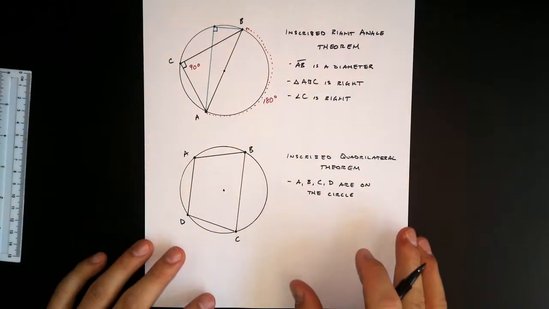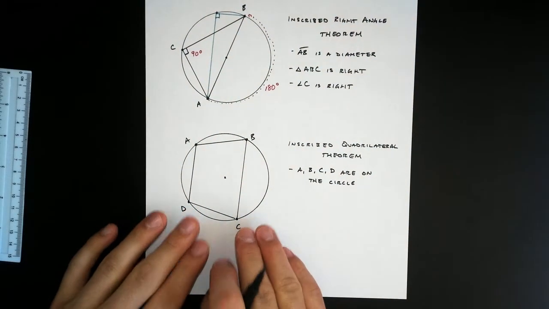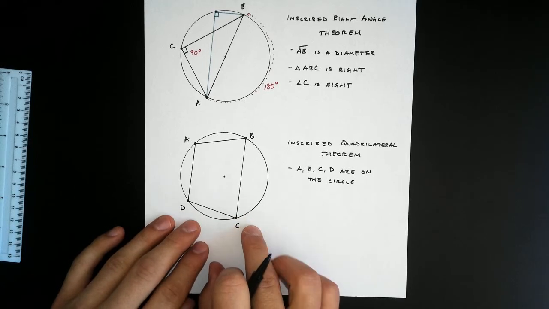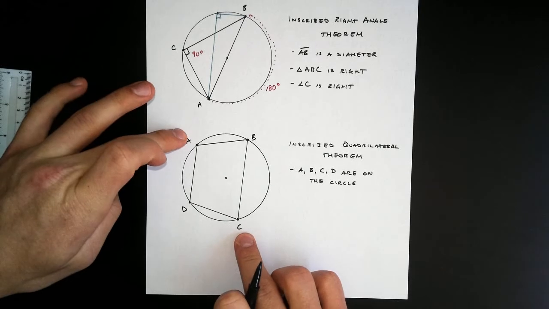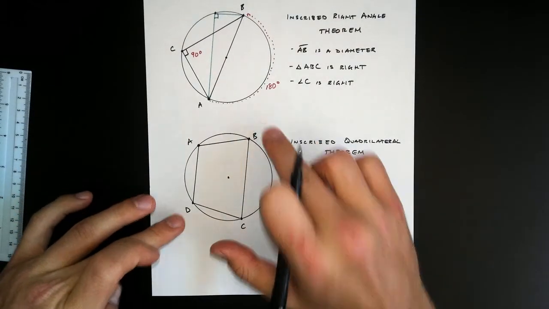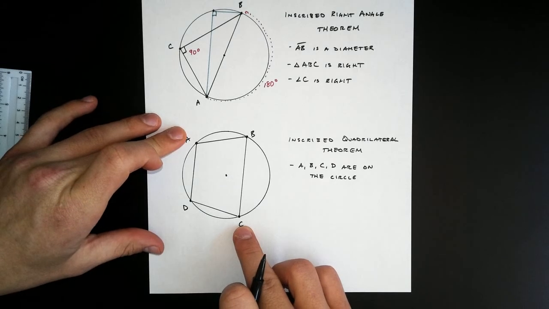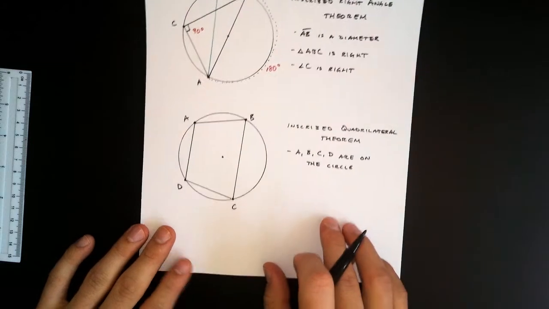Okay, now what this theorem states is that this is only possible under certain conditions. What has to happen is the opposite angles, so the two pairs of opposite angles, these have to be supplements to each other. Okay, so let's look at that a little bit here. I'm going to try and color code some things.